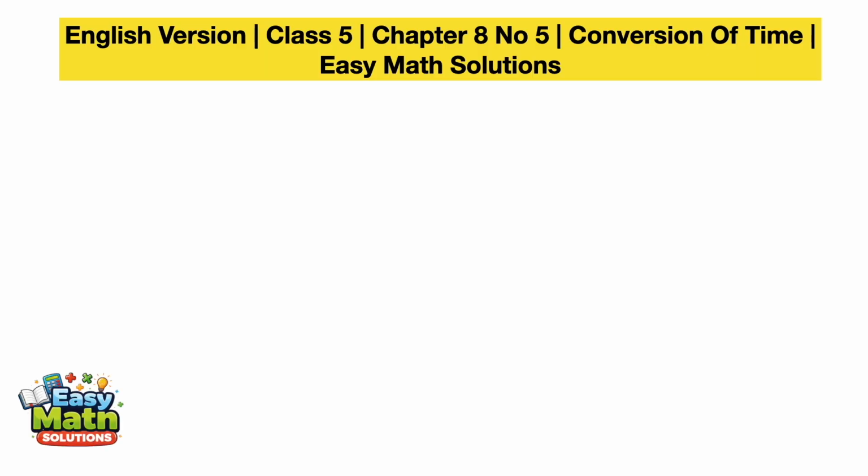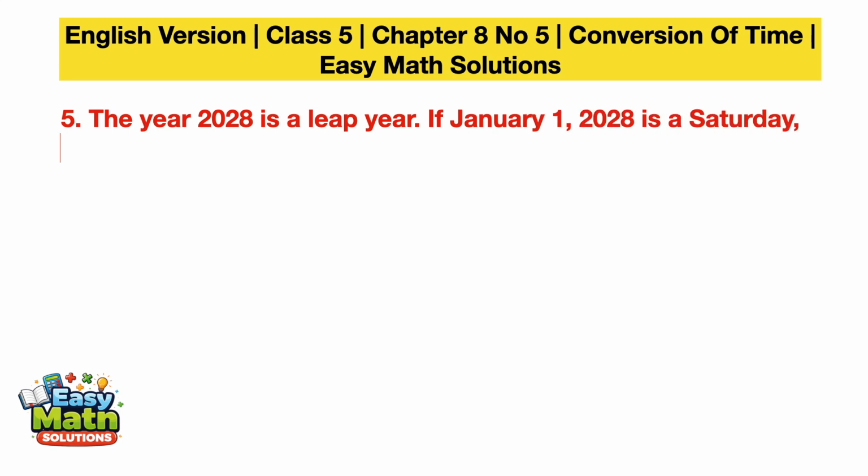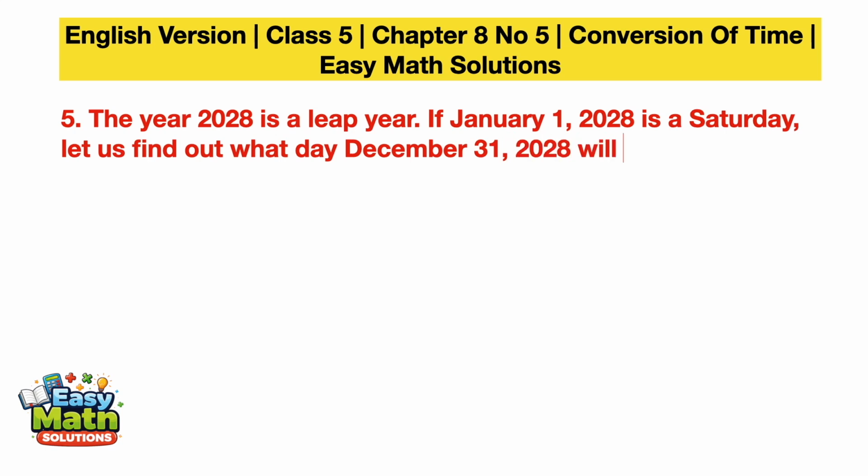English version, Mathematics, Class 5, Chapter 8, Conversion of Time, number 5. The year 2028 is a leap year. If 1st January 2028 is Saturday, let us find out what day 31 December 2028 will be.